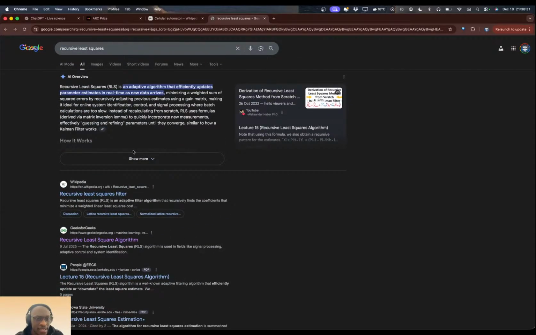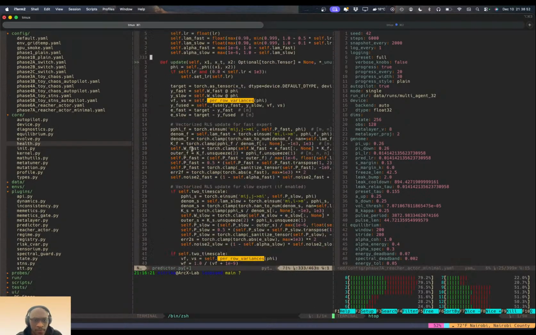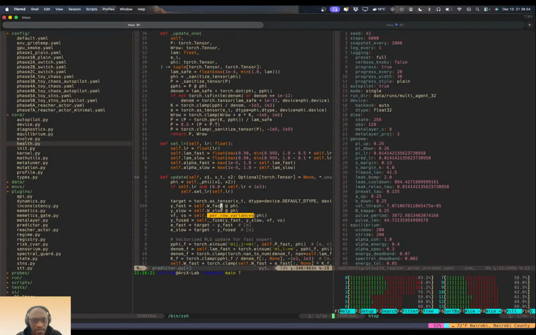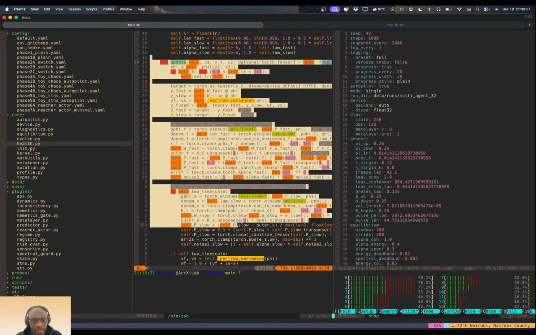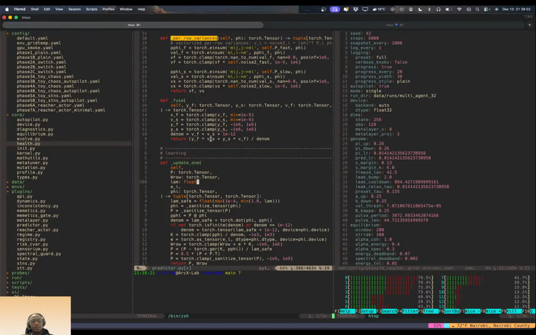It's an online training algorithm. It's adaptive because we're building an adaptive predictor. So I think RLS is the best choice. We can think about other algorithms to use, but RLS is what we are using currently. Let me show you the updates. This is where it's doing the updates, the online learning process. As you train, it learns and adapts using the algorithm.